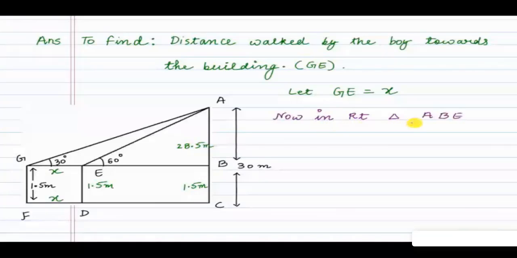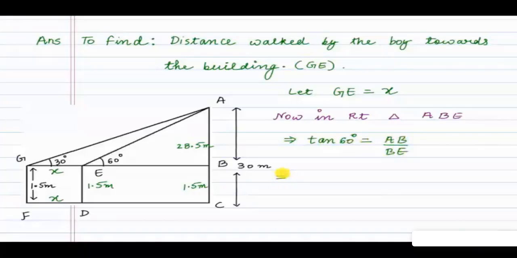Now in right triangle ABE, tan 60 degrees will be equal to opposite side AB over adjacent side BE. So tan 60 degrees is equal to AB over BE.